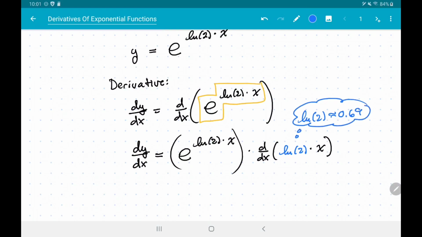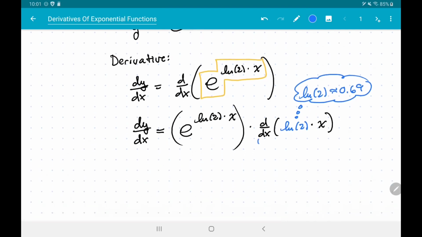It is a constant just like 4 or 11 or 2/3. Even though it has an ln in it, it's a constant because it does not depend on x. ln of 2 is always 0.69. It does not matter what x is at the moment. ln of 2 is always the same. What we are looking at here is a situation where we need the constant multiple rule.